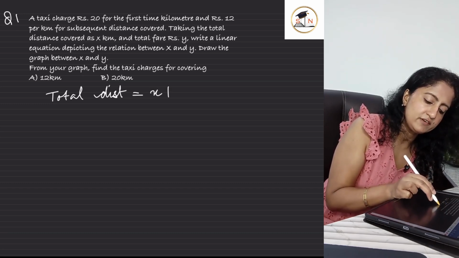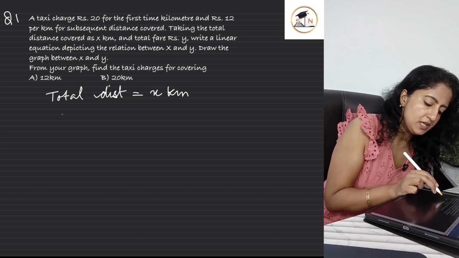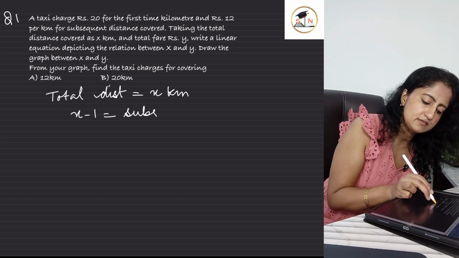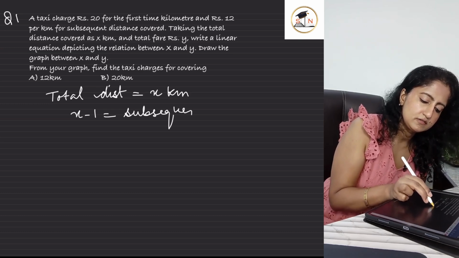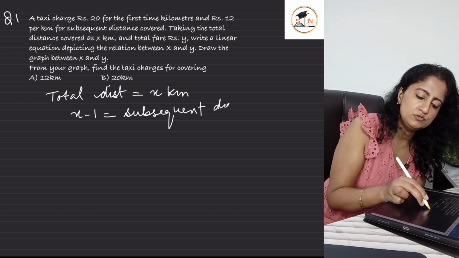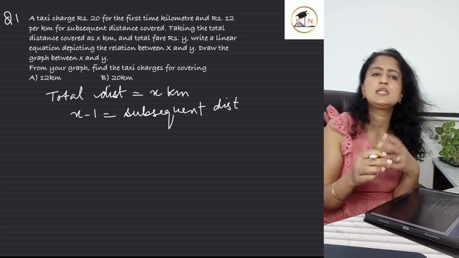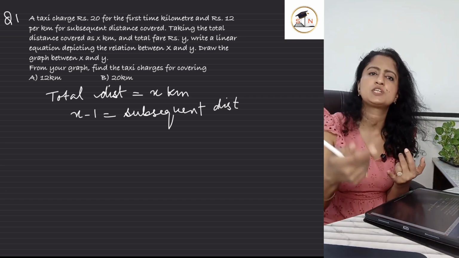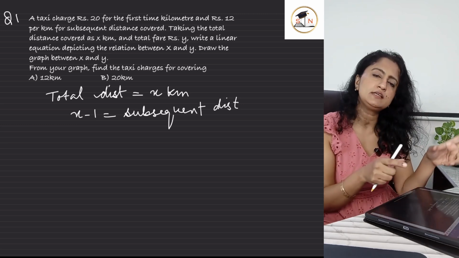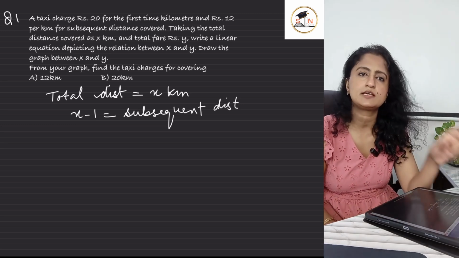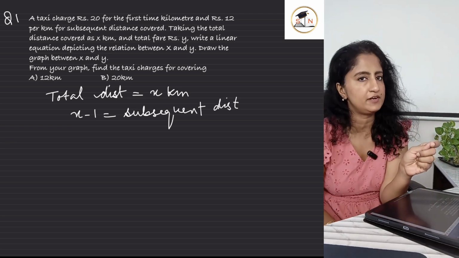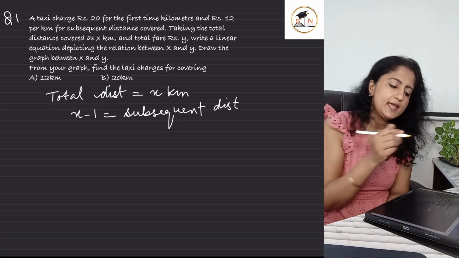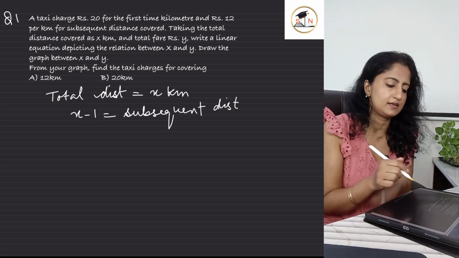Total distance we are traveling x kilometers, right? तो x minus 1 is the subsequent distance. क्यों subsequent distance क्यों हुआ? जितने भी हम किलोमीटर ट्रैवल कर रहे हैं, चाहे वो 10 है, चाहे वो 20 है, चाहे वो 50 है, राइट? तो हर किसी डिस्टेंस में से जितना भी आपका डिस्टेंस है, उसमें से 1 किलोमीटर का डिफरेंट चार्ज है, बाकी सारे किलोमीटर्स का एक चार्ज है, राइट? तो x माइनस 1 हम उस चीज के लिए कर रहे हैं, राइट?